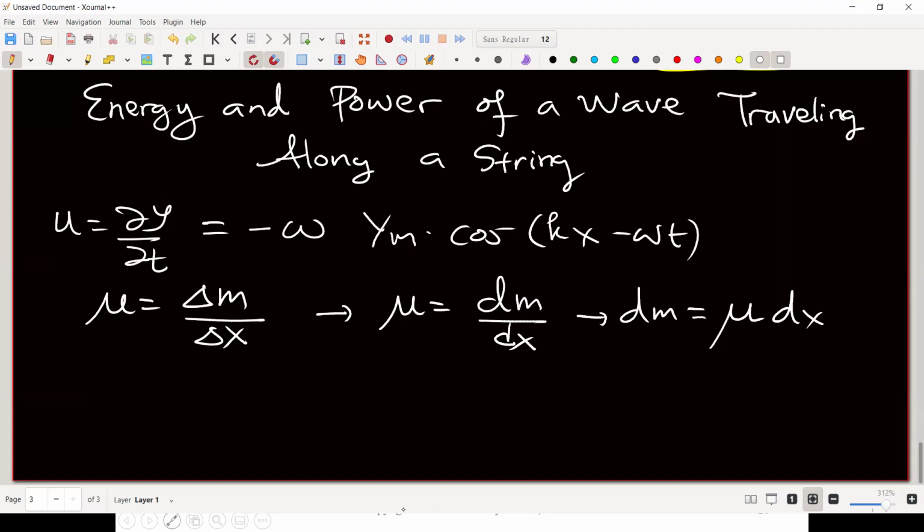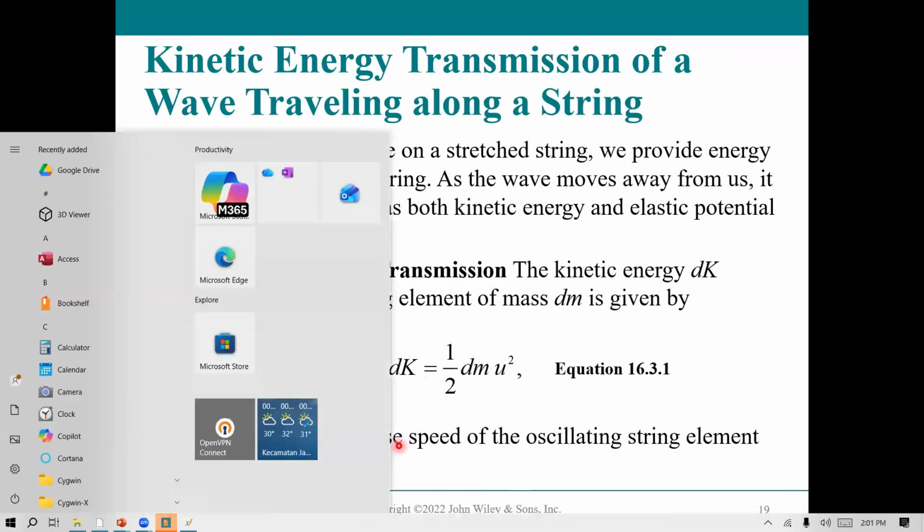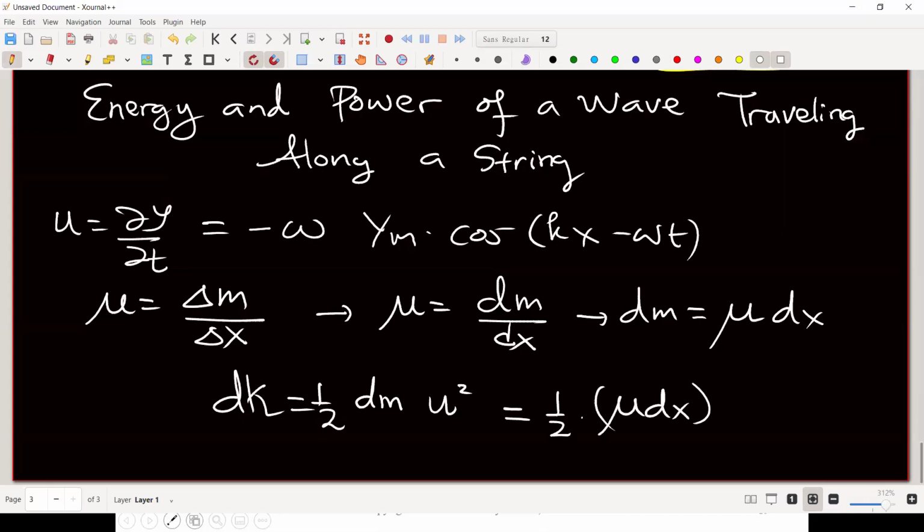Okay, and then we can compute this one. The K is half dm u squared. So the K is half, dm is this one, mu dx, and then u squared is this one.